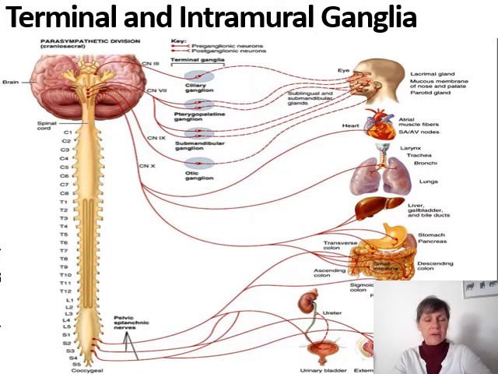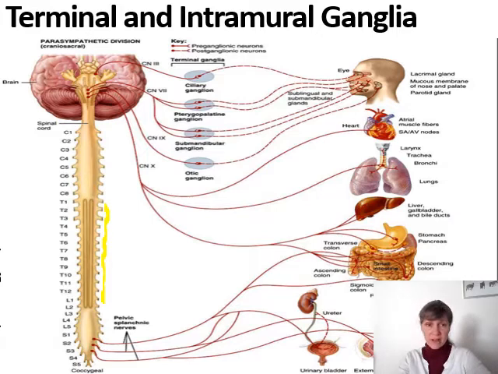We talked about the autonomic nervous system having a sympathetic division, which is the fight-flight. And there's also a parasympathetic portion of the autonomic nervous system, which is the feed, breed, rest, and digest. Parasympathetic means around the sympathetic. So the sympathetic nervous system basically is coming off of the spinal cord between T1 and L2.